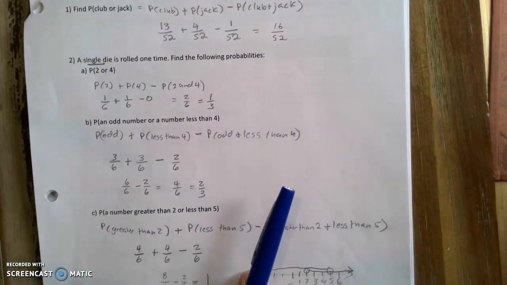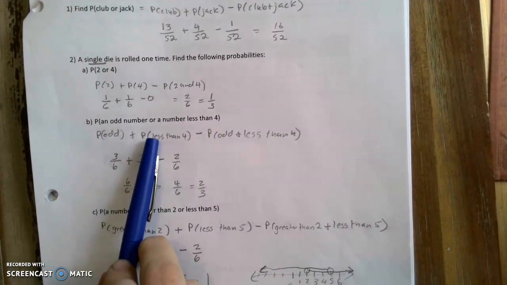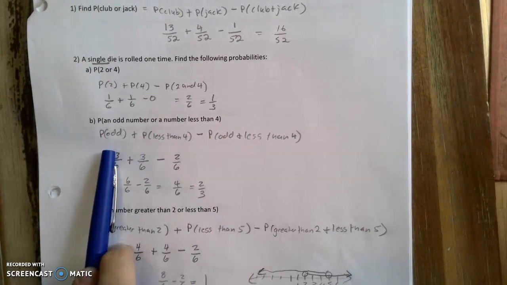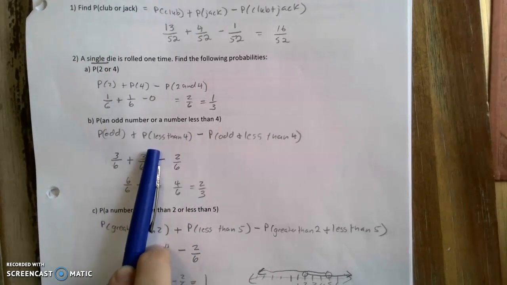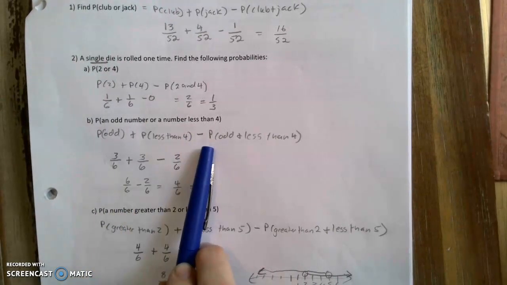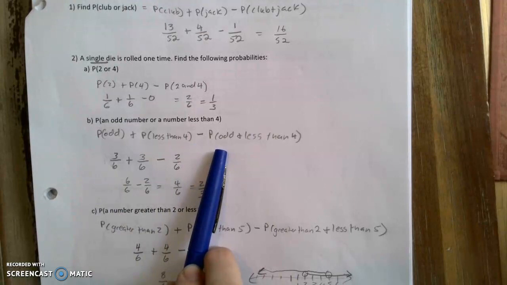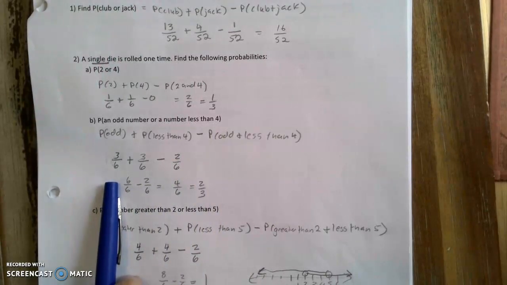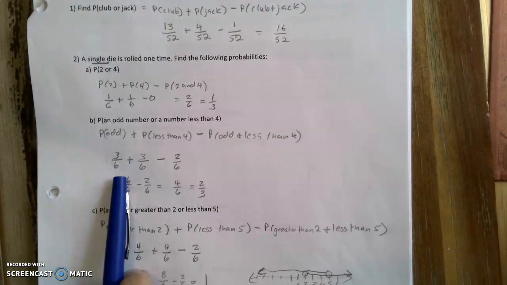Next is looking at the probability of an odd number or a number less than 4. So probability odd plus probability less than 4 minus probability odd and less than 4. Probability odd would be 1, 3, 5, so 3 out of 6.